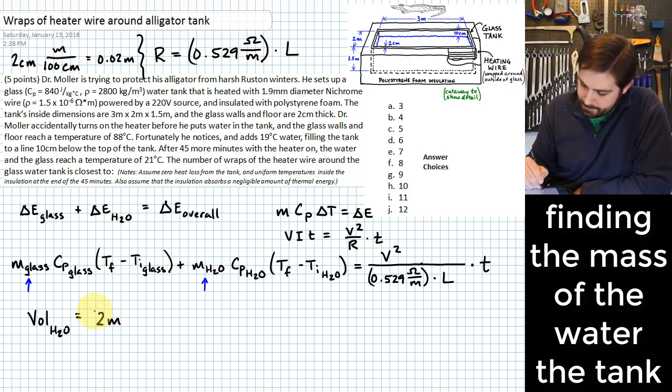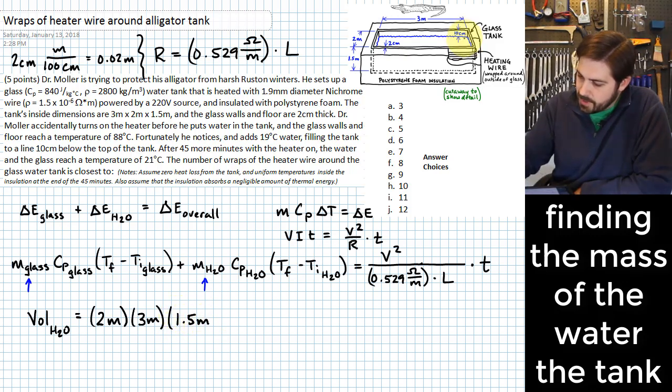And so we'll basically do 2 meters times 3 meters times 1.5 meters minus 10 centimeters. 10 centimeters is just 1/10 of a meter.